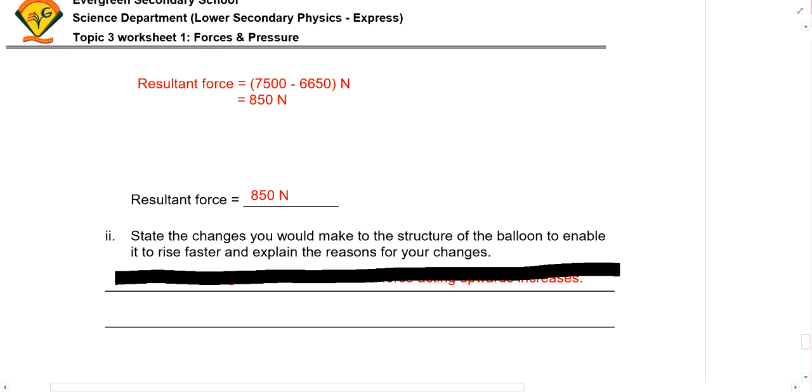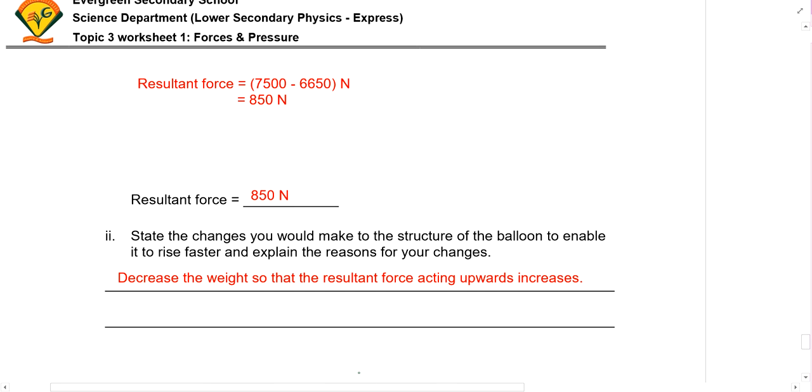Okay? Now, last one. Reduce mass. State the changes you will make to enable it to rise faster. How to make it rise faster? Reduce the mass, okay. When you say reduce the mass, you are actually referring to changing the weight. Because in this topic, we are concerned about forces, not the mass.